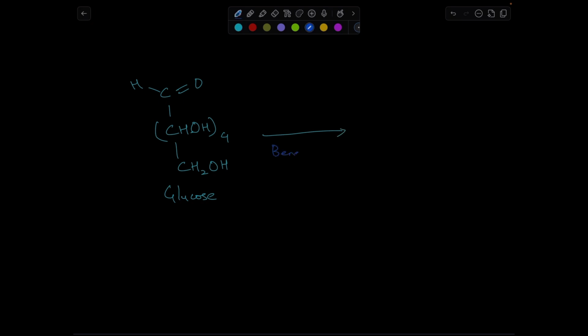Now let's see glucose. The structure of glucose is this, so this is an aliphatic aldehyde. So with Benedict's reagent, it gets oxidized to an acid. This is gluconic acid.